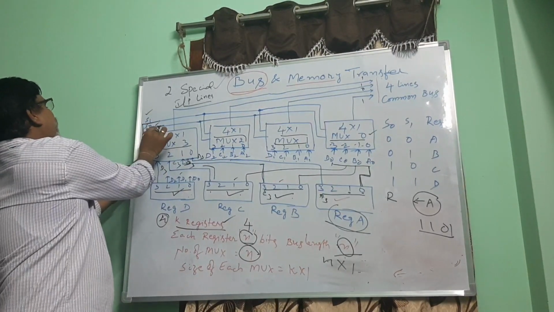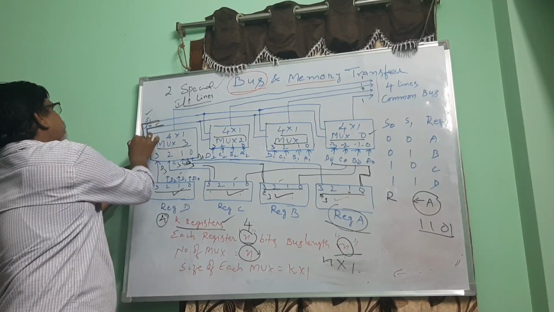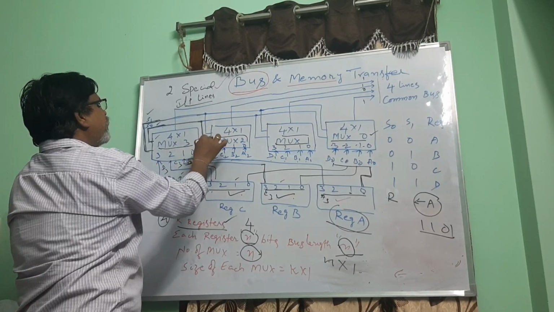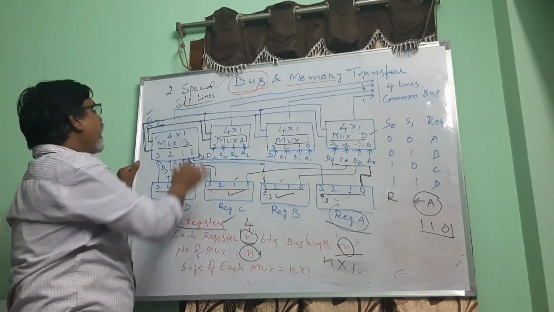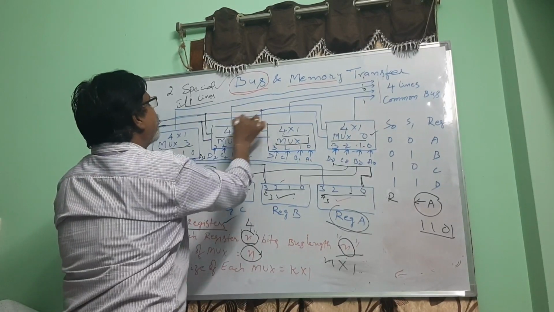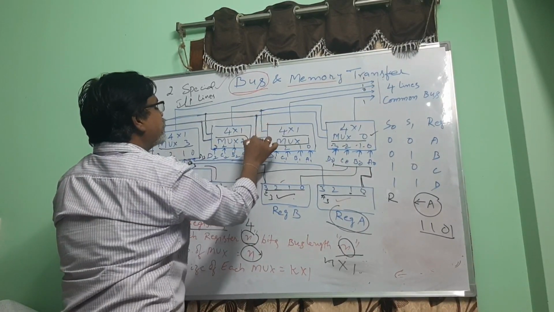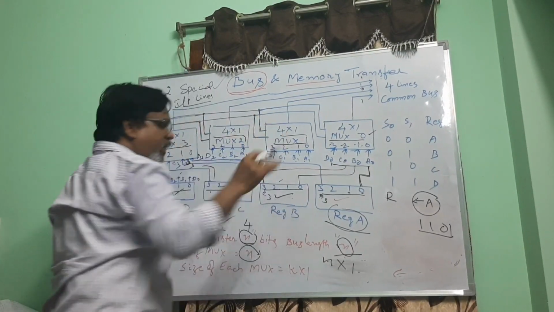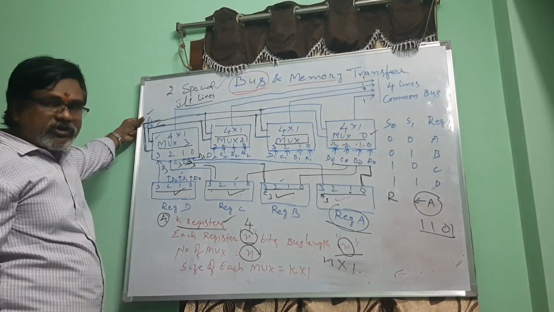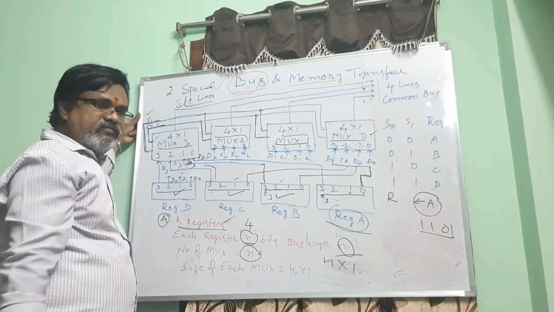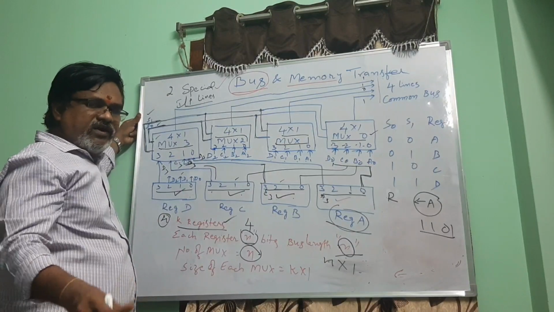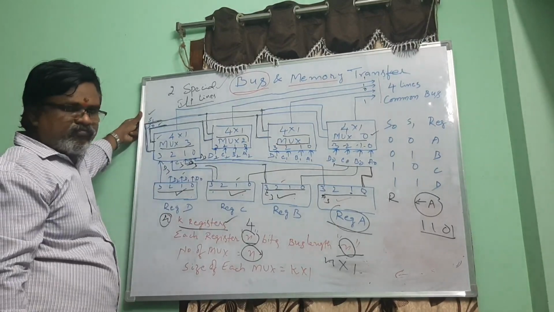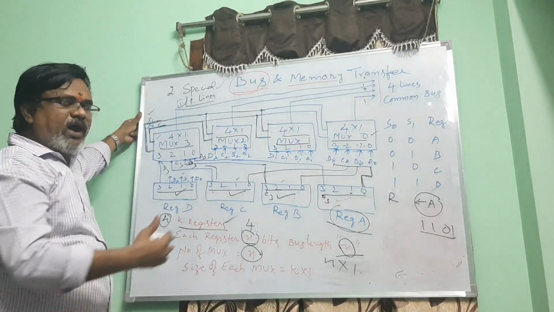Here S0 is connected here, S1 is connected here. The same S0 and S1, like S0 here, S1 here. Again the same continues, S0 is connected here and S1 also here. So what I am going to say is, whatever values of S0 and S1 we give, the same values will be copied to all the multiplexers.